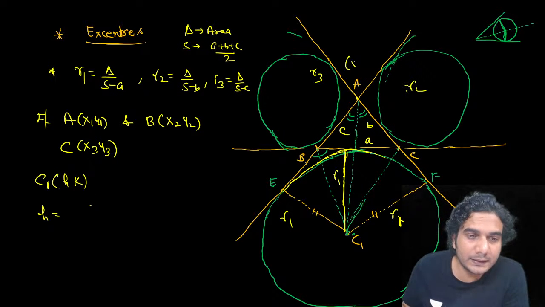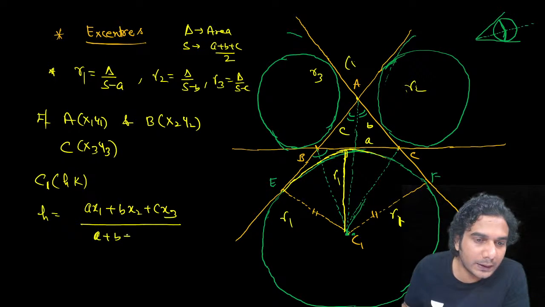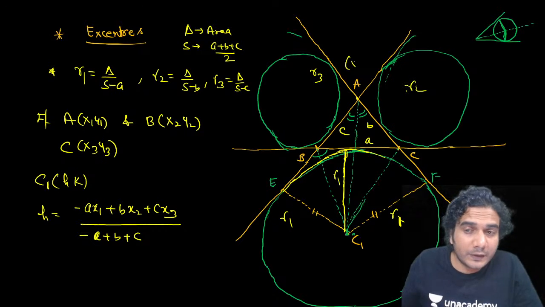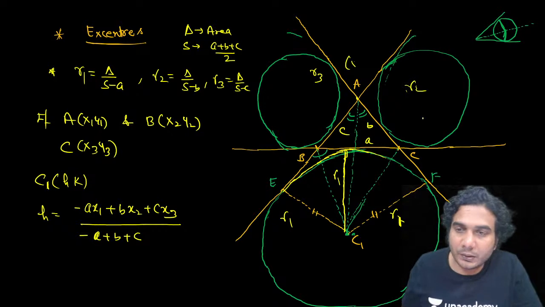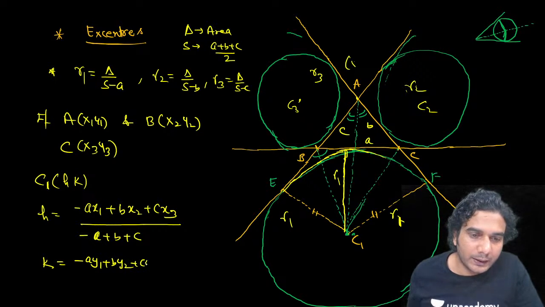The only thing is that the formula of the incenter was a x1 plus b x2 plus c x3 divided by a plus b plus c. You just need to replace a by minus a for the center C1, b by minus b for the center C2, and c by minus c for the center C3. Okay, this is C2, which is opposite to B, and this is C3, which is opposite to C. Okay, and k, the y coordinate, is minus a y1 plus b y2 plus c y3. So just remember the formula and directly use it.